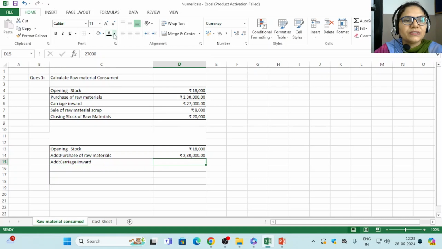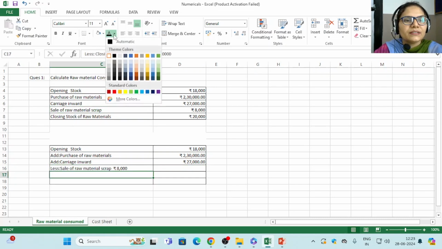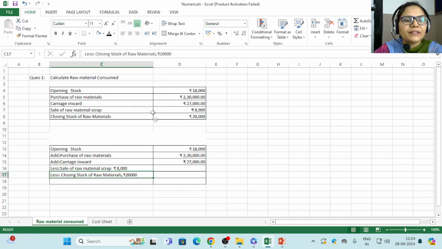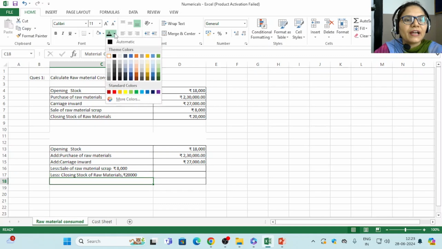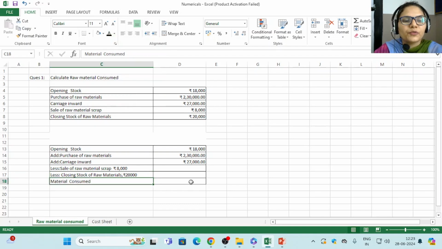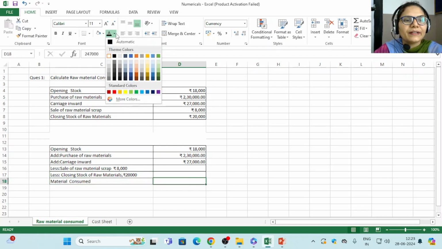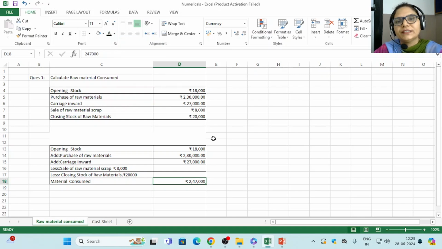Carriage inward value is given over here 27,000. Then we will deduct sale of raw material rupees 8,000. Then we will deduct closing stock of raw material rupees 20,000. And then finally we will arrive at the value of material consumed, that is rupees 2,47,000.